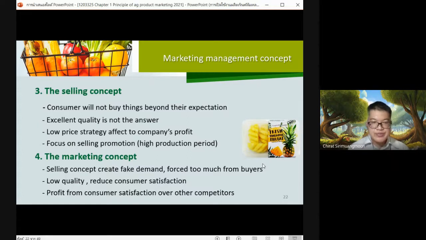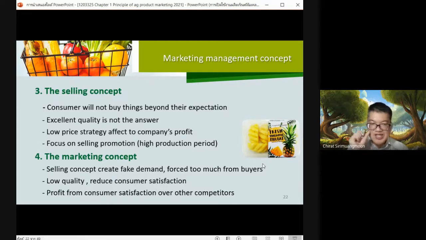They said selling concept can create fake demand because they play with the low price strategies. If you set a low price on some product, consumers will dump into it because low price is good for them, because you can pay less money, right? So this happened.